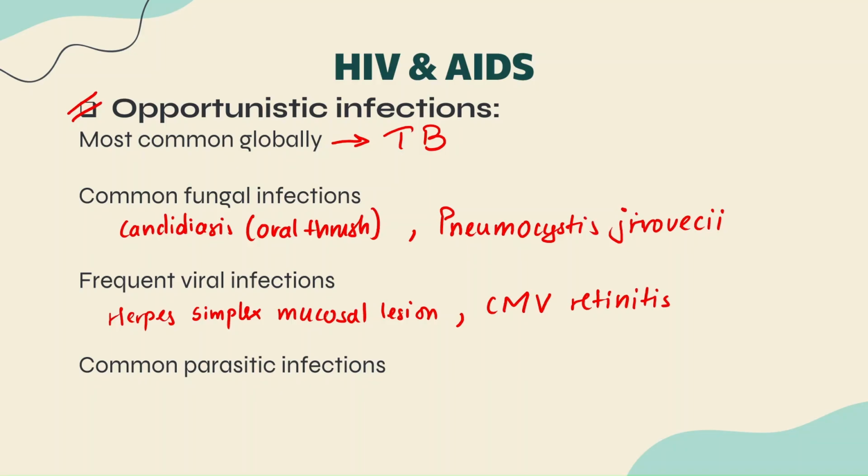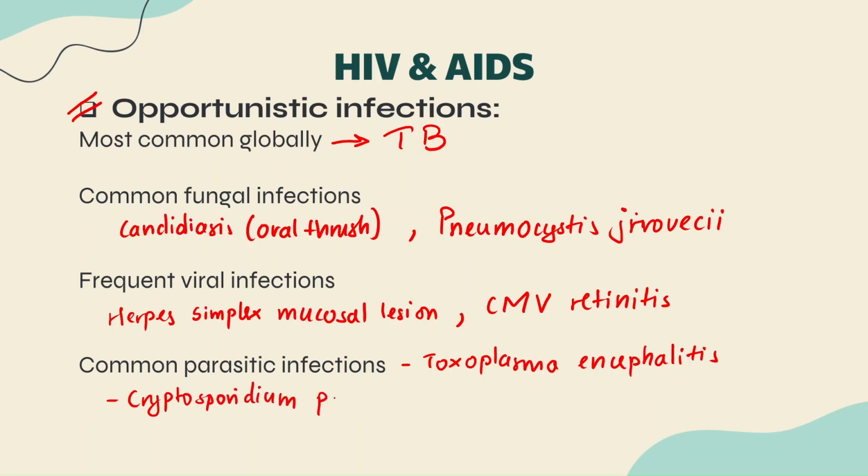And common parasitic infections, pay attention to the parasitic infections. We have toxoplasma encephalitis, a parasitic infection involving your brain. Then we have cryptosporidium parvum diarrhea.